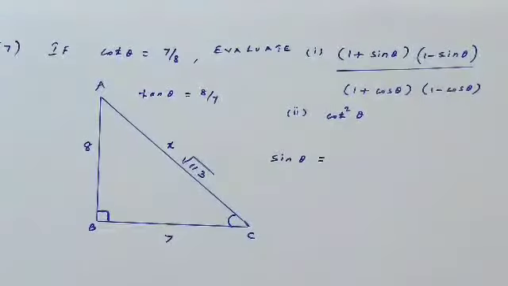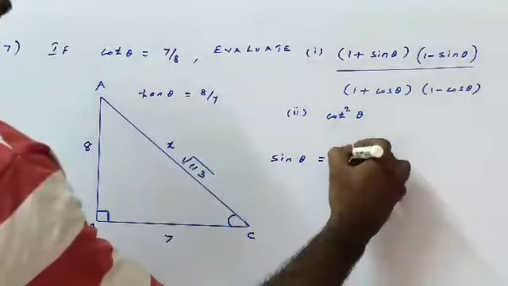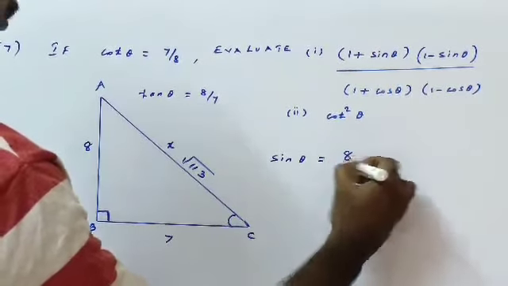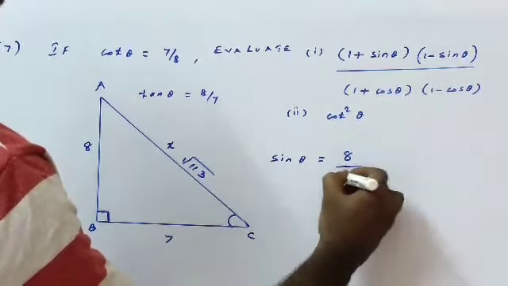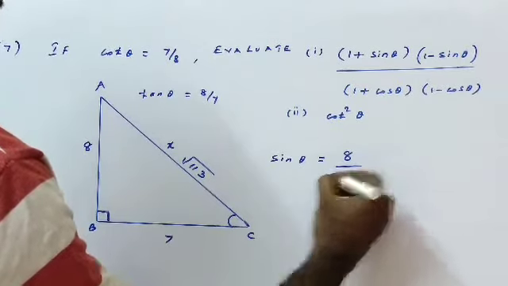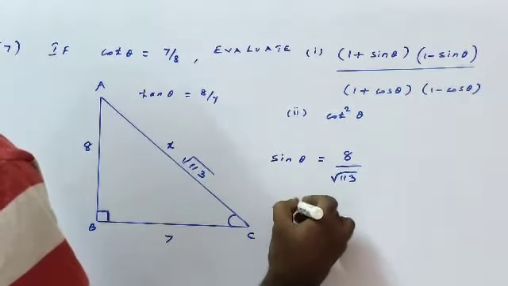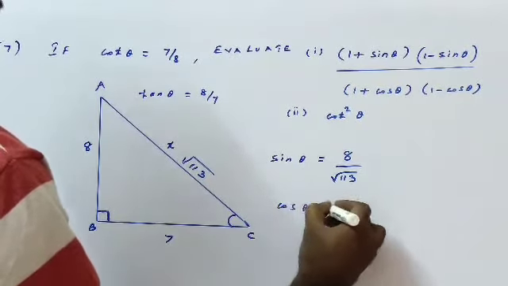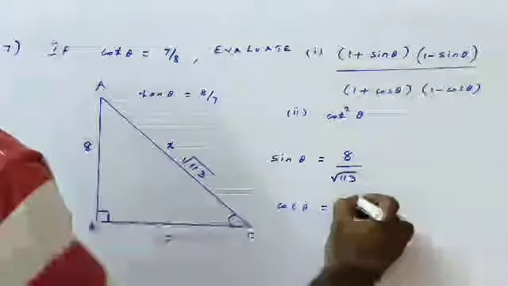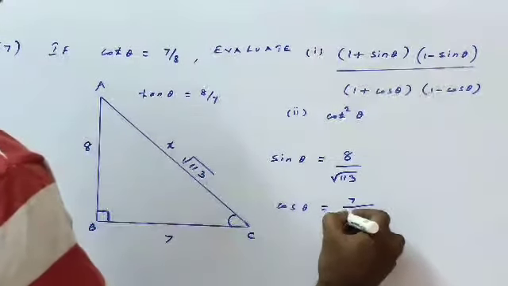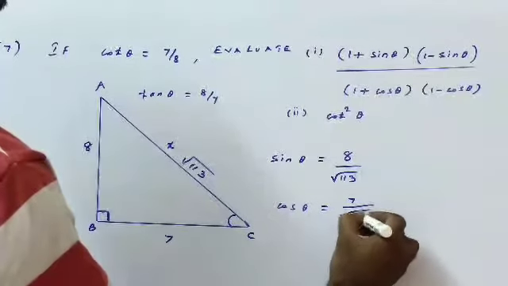Now from the diagram, sin theta equal to opposite side by hypotenuse side. Opposite side is 8. Hypotenuse side is root of 113. Like that, cos theta equal to adjacent side, that is 7, by hypotenuse side root of 113.